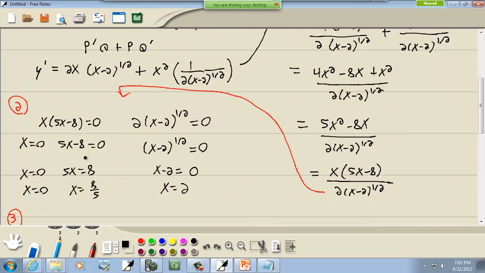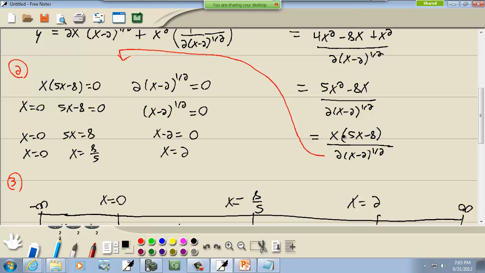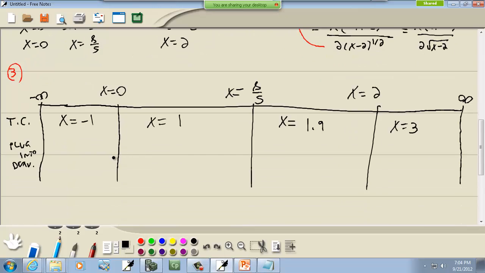So let's go up and find our derivative. Where in the world's it at? Okay, this one right here. Now when I work with this, I want to put it back in the square root form. So this is x times 5x minus 8 over 2 square root of x minus 2.